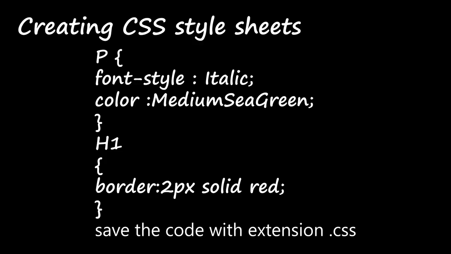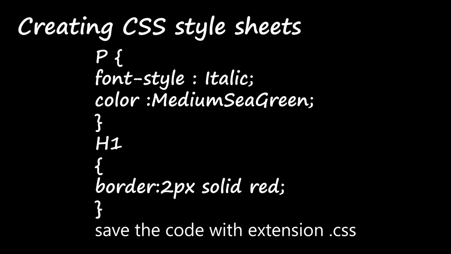Font style is italic, and they have separated the property, font style, and the value, italic, with a colon, and at the end of the value there is a semicolon. The next one is color, colon, medium sea green, and at the end you must give a semicolon.